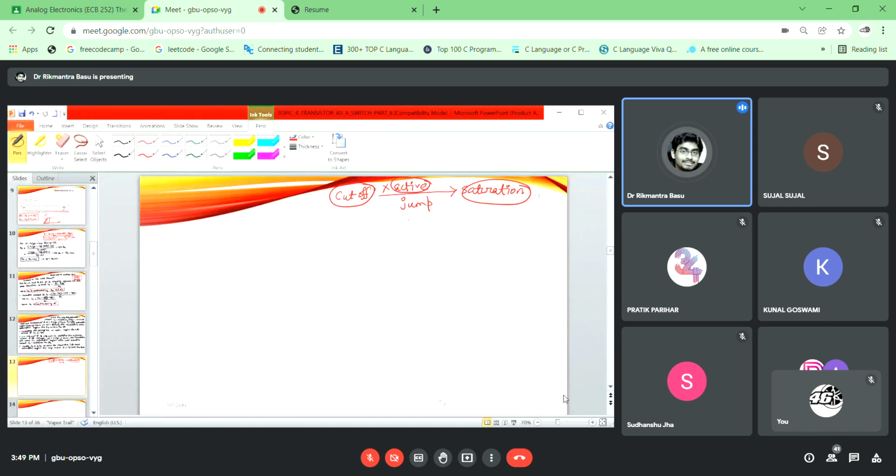That is our motto, as well as how fast you can do that. This jumping, how fast you can design a switch, also becomes one of the measuring performance parameters.